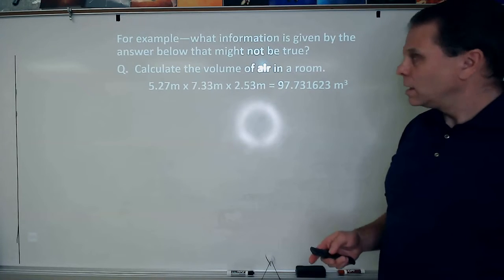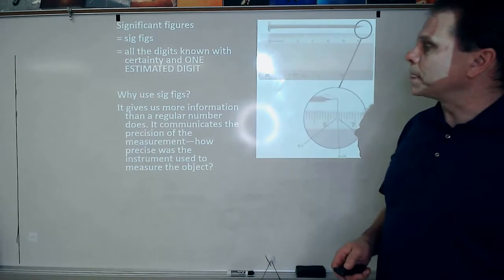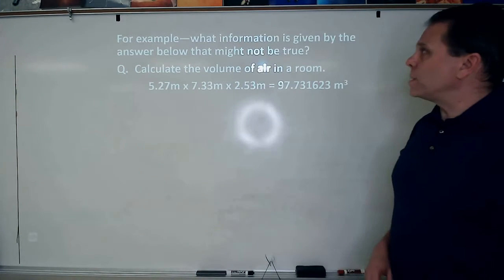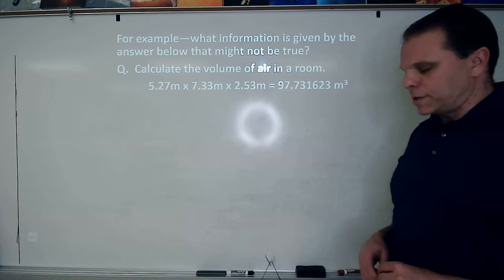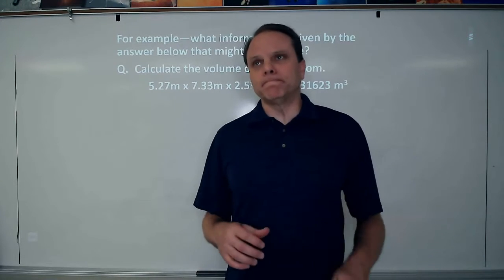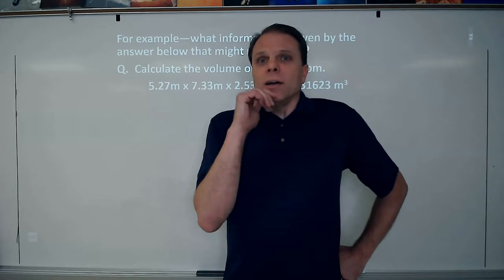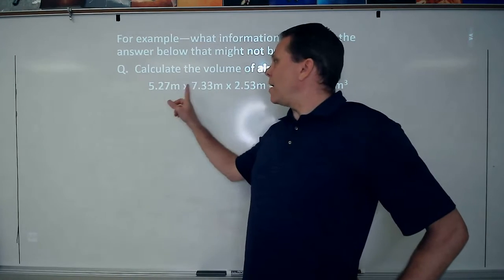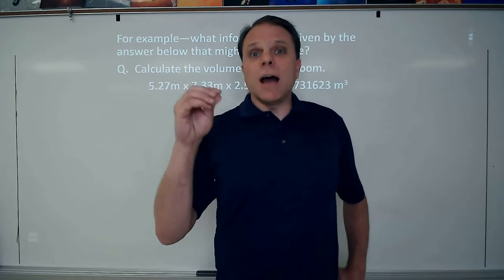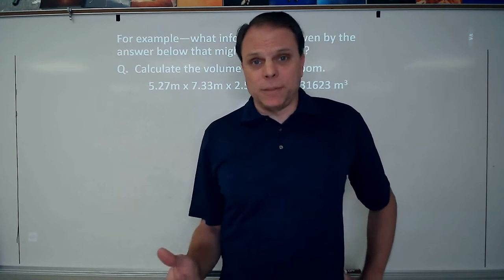All right. So, let's say, for example, what information is given by the answer below that might not be true? Now, one of the things that is important to understand here is that the values that you multiply together should not give you extra information.